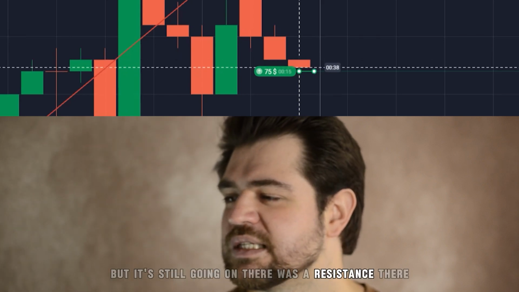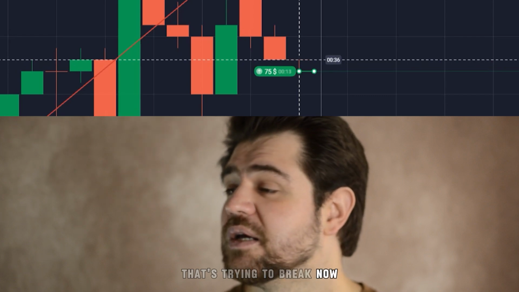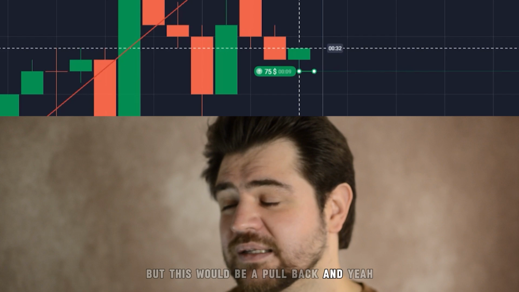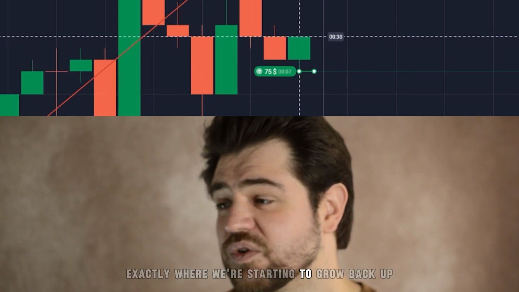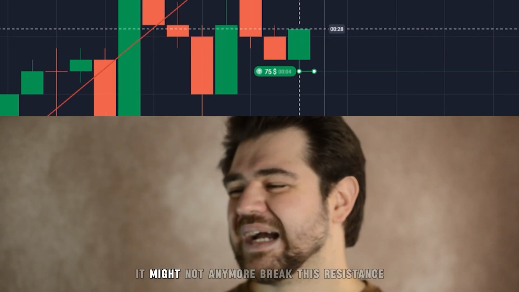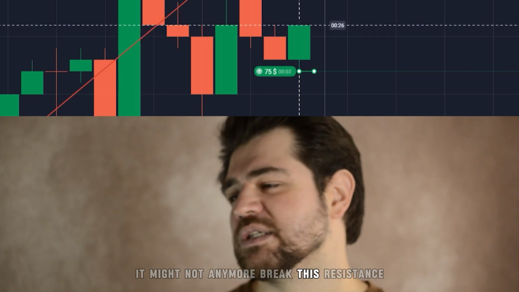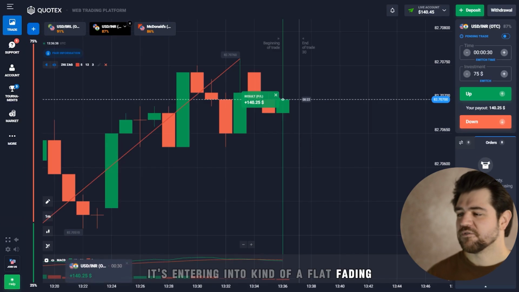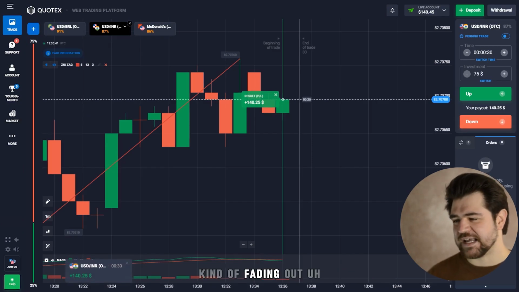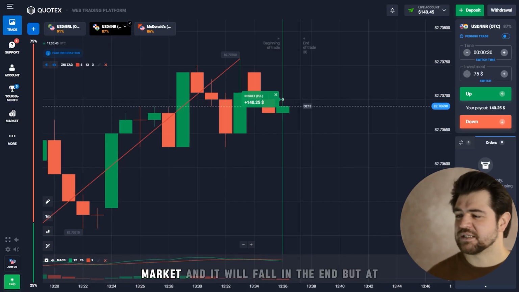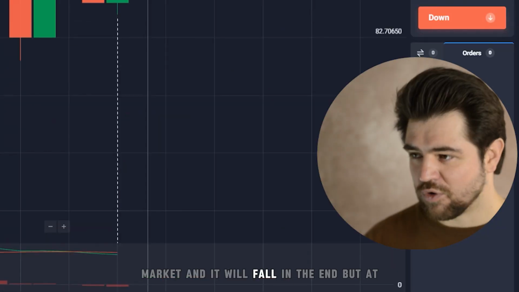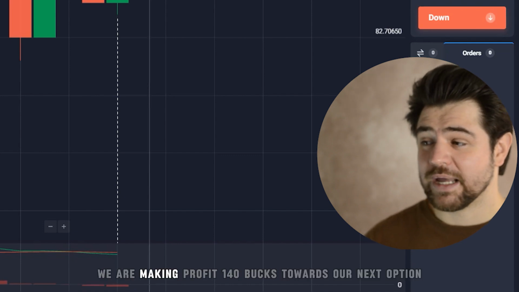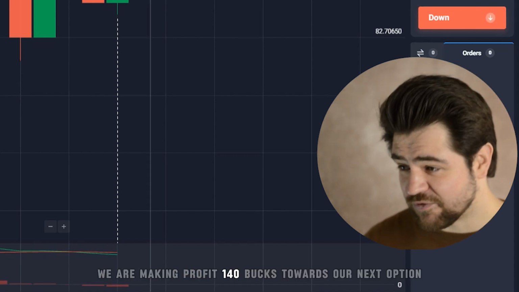There was a resistance there that it's trying to break now, but this would be a pullback, and yeah, exactly, we're starting to grow back up. It might not break this resistance anymore. It's entering into kind of a flat, fading out market, and it will fall in the end. But in the meantime, we are making profit.